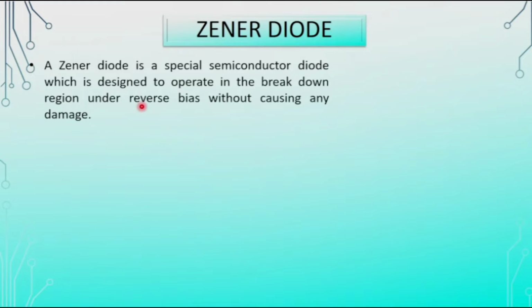If it is avalanche breakdown, that will cause permanent damage to the junction diode. But in the case of the Zener diode the process is reversible, and hence it will not cause any damage to the device. So Zener diodes are specially designed to work under that reverse breakdown condition because it will not cause any damage to the diode.